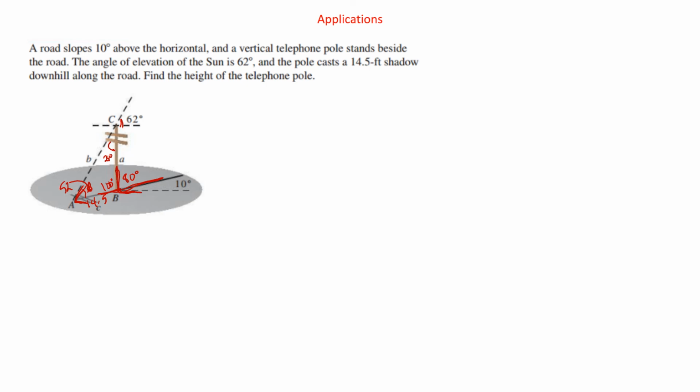So we need to find the height of the pole. We need to find A. So we need the sine. So let's see, A over sine of the angle opposite, so sine of 52 degrees, equals, and then we know it's 14.5 feet over sine of the angle opposite, sine of 28 degrees.